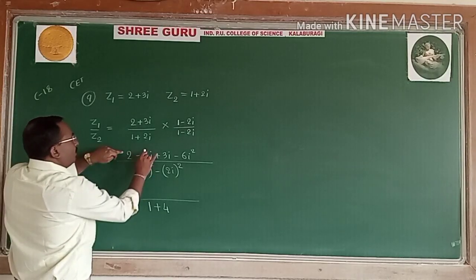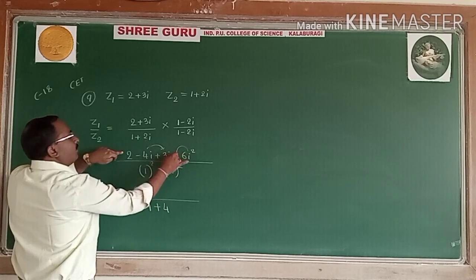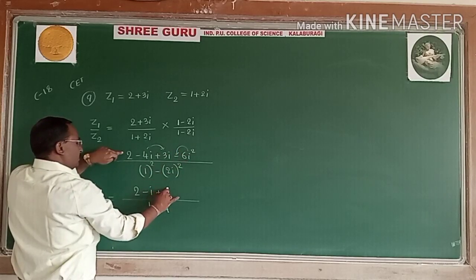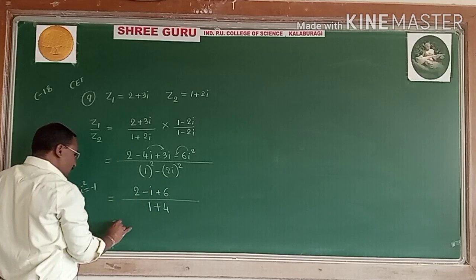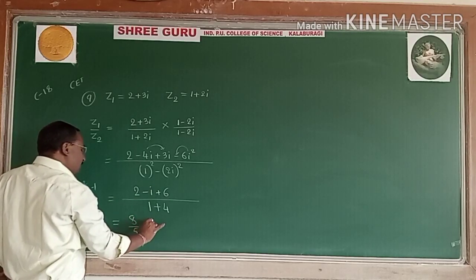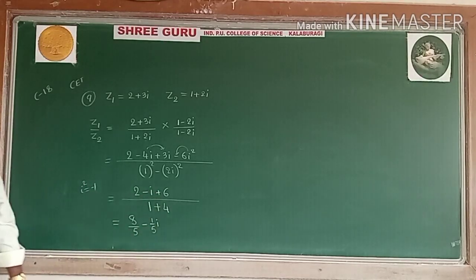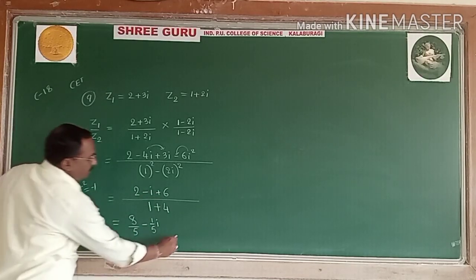So 2 minus 4i plus 3i plus 6, that is 8, 8 by 5 minus 1 by 5 times i. That is the first option.